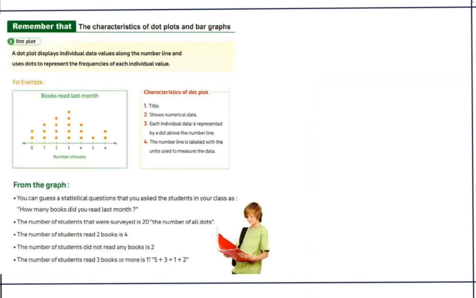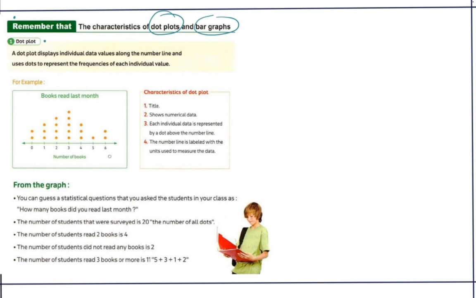The last topic we have in this video is to remember two things: dot plot and bar graph. We studied the dot plot before. A dot plot looks like this.